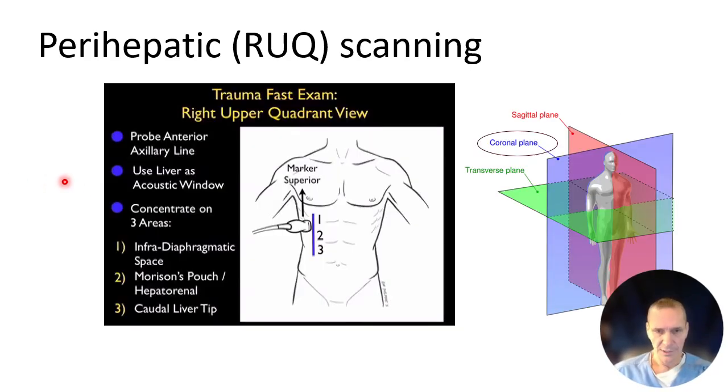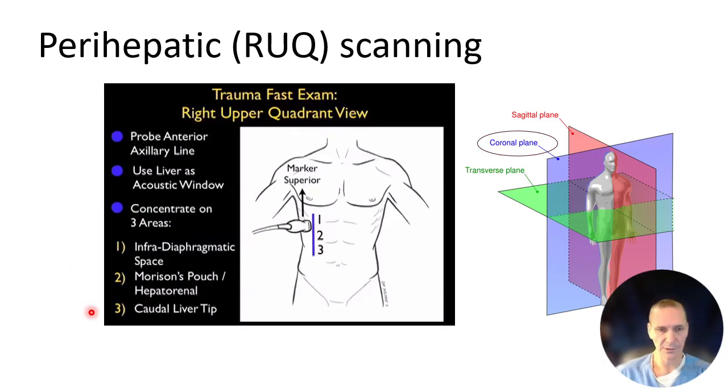Here's another illustration. Again, this is done in the coronal plane, and we want to identify three key things. Number one, we want to look around the diaphragm. We want to look at Morrison's pouch, because this is the area most likely to collect hemorrhage. And then we want to look at the tip of the liver.